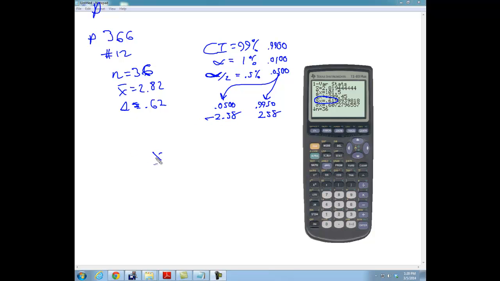So our formula is going to be x bar plus or minus z alpha divided by 2 times the standard error of the estimate, so it's going to be the standard deviation divided by square root of n, which is 36. So again, plugging my numbers in here, this is going to be 2.82 plus or minus 2.58 times 0.62 divided by the square root of 36.